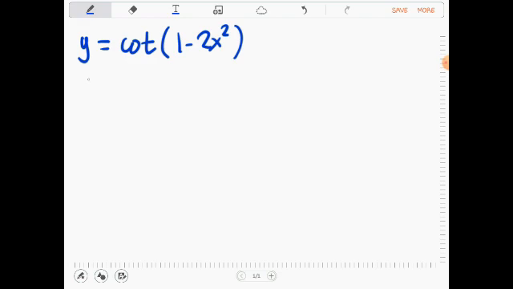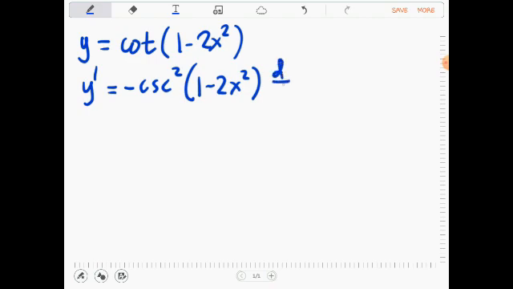So, therefore, our y prime would be equals to negative cosecant squared, because it's cotangent, of this quantity 1 minus 2x squared. Then, the derivative of the u. Our u is the quantity 1 minus 2x squared.